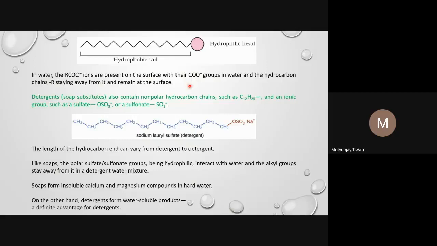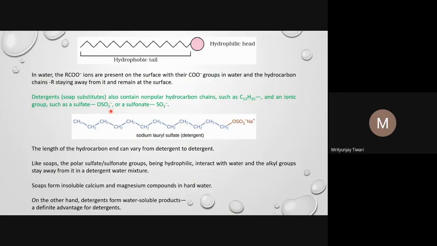So these things we will see. The detergents also contain non-polar hydrocarbon chains such as C12H25, and this is a part of sodium lauryl sulfate, with an ionic group such as sulfate, this OSO3 minus, or sulfonate, SO3 minus.